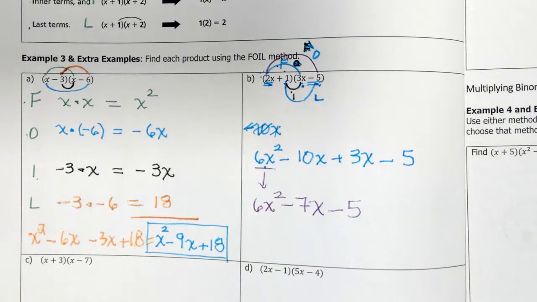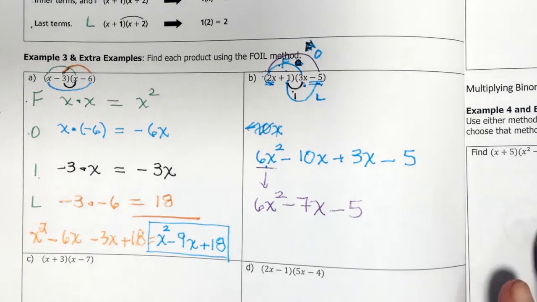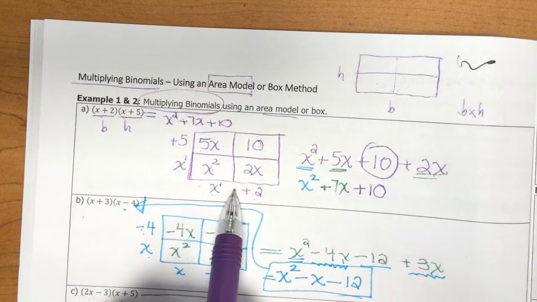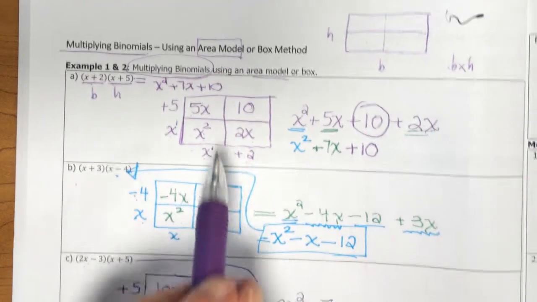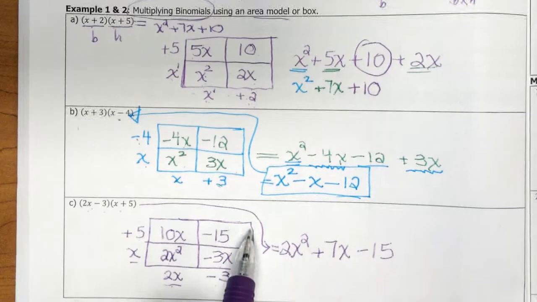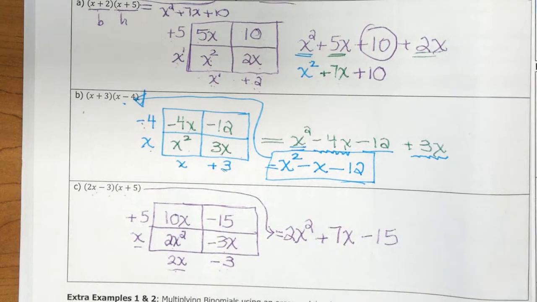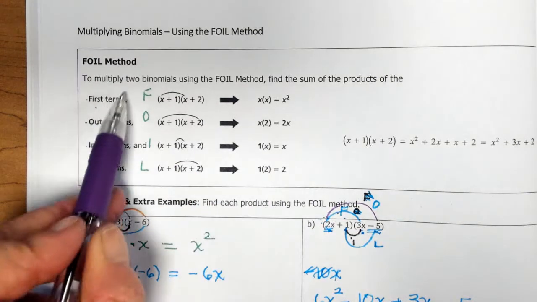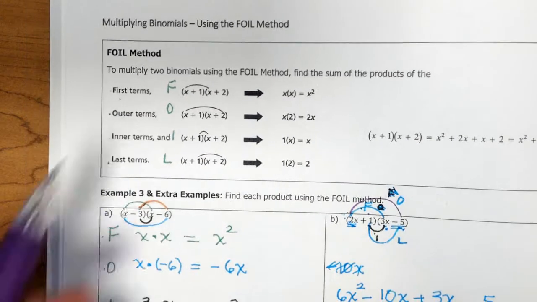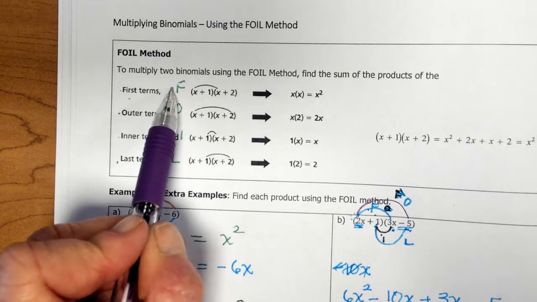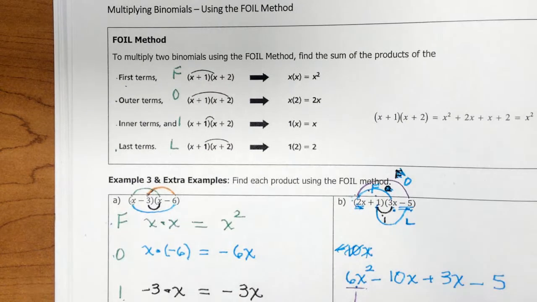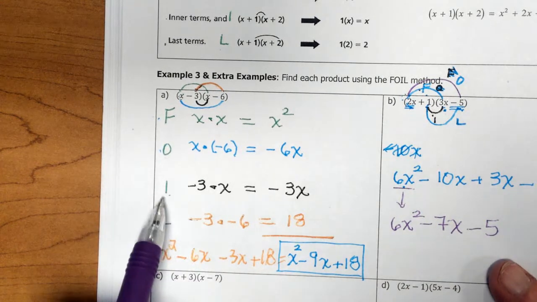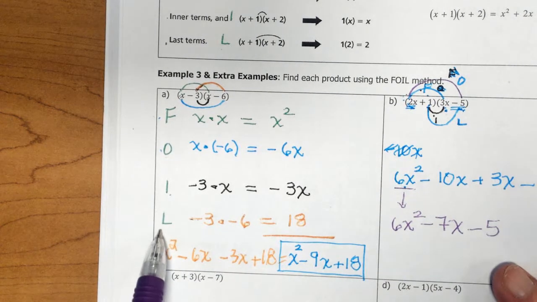Okay, so lots of information here in this video. What did we do? We used an area model, and we did 3 examples using an area model. And then I came on the next page and I used the FOIL method. You notice that I used the acronym of FOIL. In using that, I identified the first term, the outer term, the inner terms, and the last terms.